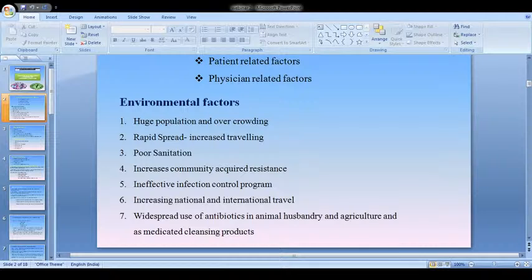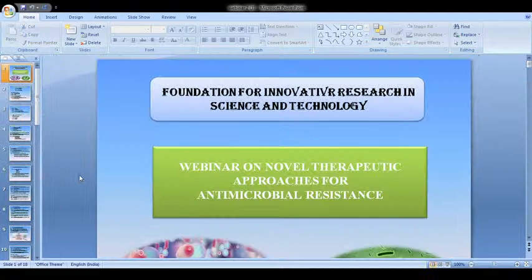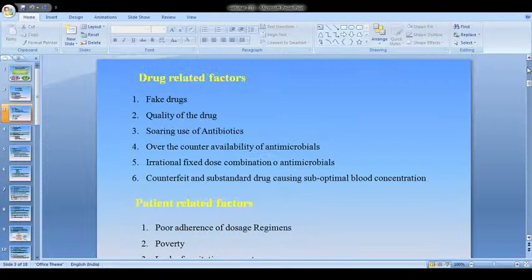The next one is the drug-related factors. Among the drug-related factors, we can see fake drugs. Using fake drugs also affects antimicrobial resistance, as does the quality of the drug, soaring use of antibiotics, over-the-counter availability of antimicrobials, and irrational fixed dose combination of antimicrobials.